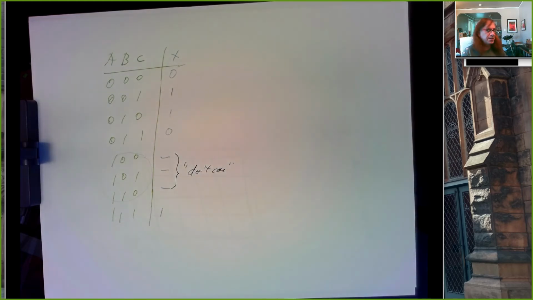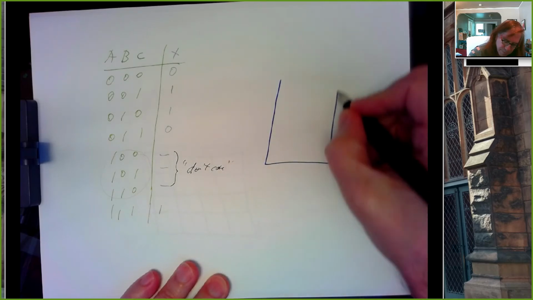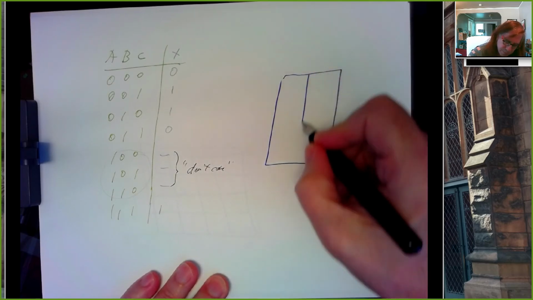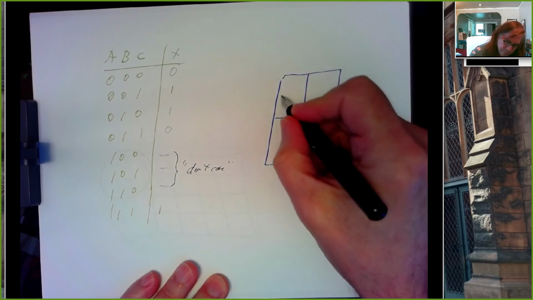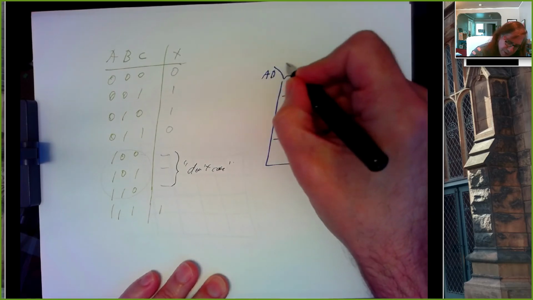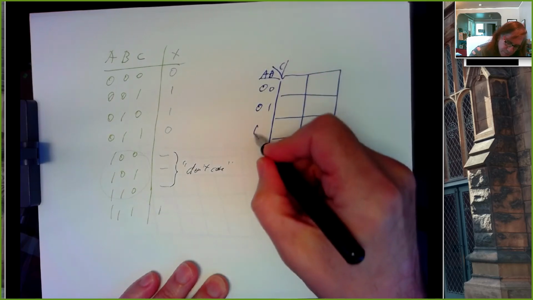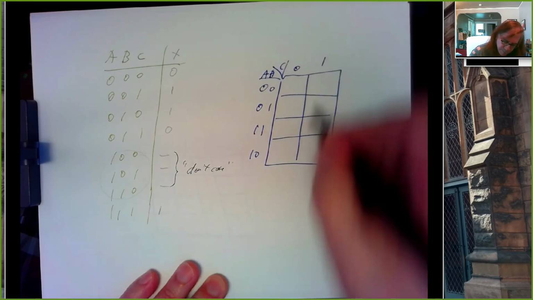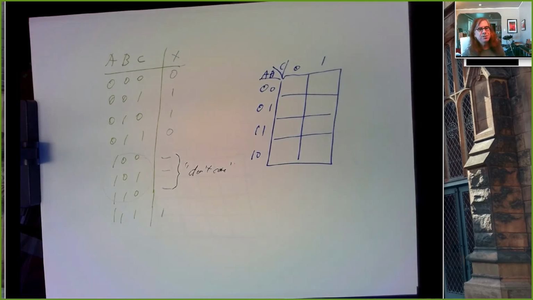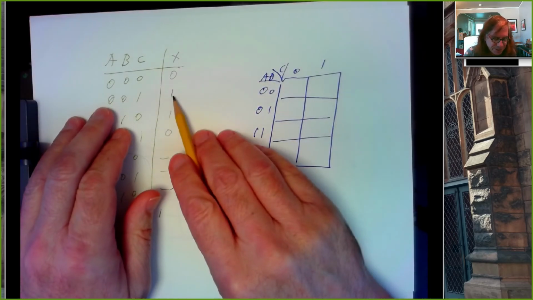And so let's make a K-map for this. I'll put A, B over here, and I'll put C there. And it's the same as with a 4x4. We just fill these in. We want to put in the ones.